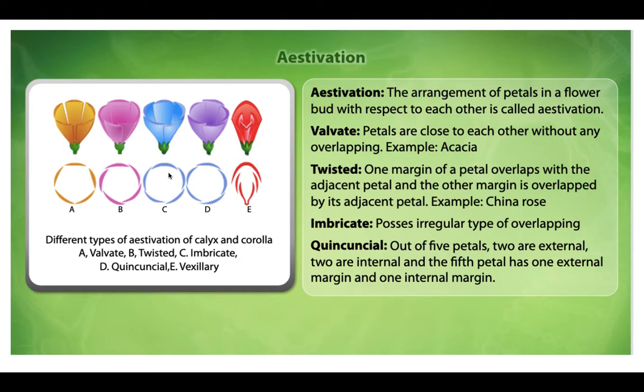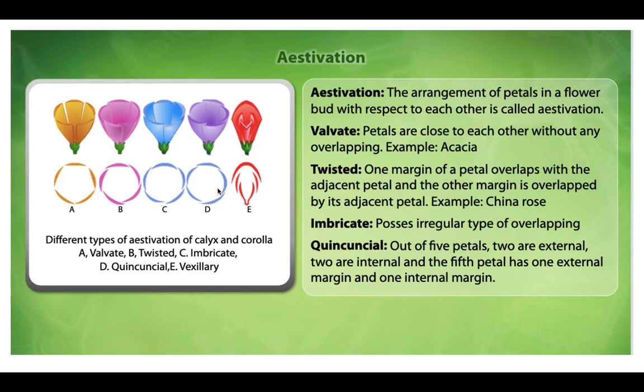And imbricate, that you can see here, in which the estivation possesses irregular overlapping. Some are one-sided overlap, but some petals are totally overlapped from both sides. Quincuncial, you can see here: out of 5 petals, 2 are external, 1 and 2 that you can see here, and 2 are internal, and the fifth petal has one external margin and one internal margin.